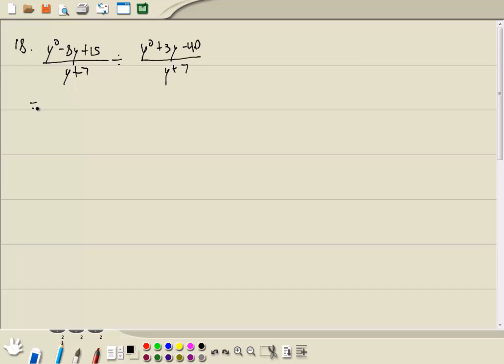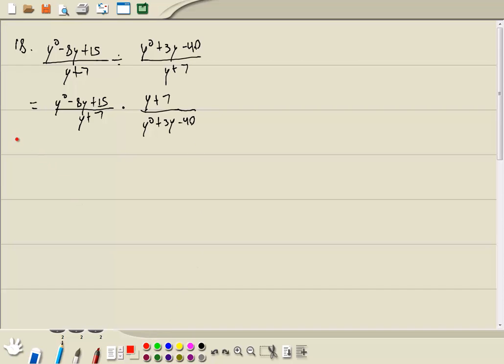We never actually work with division, remember? So we're going to have y squared minus 8y plus 15 over y plus 7. And how we get rid of division is we immediately rewrite as multiplication by flipping the second fraction, taking the reciprocal of it. So this will be y plus 7 over y squared plus 3y minus 40.